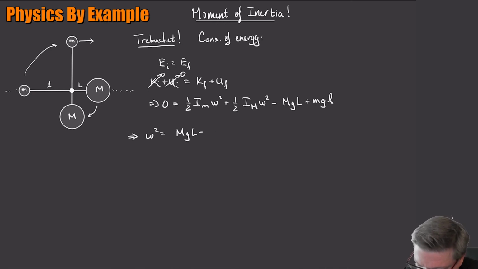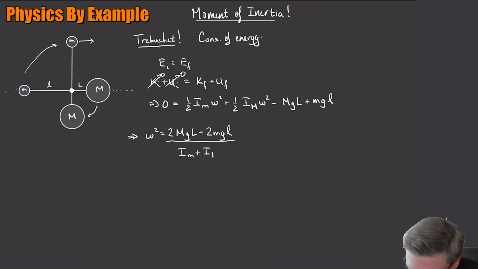So this is going to be 2MgL minus 2mgl, because we got a half in front of the other terms. Then I'm going to divide by I little m plus I big M. I can factor out a 2g.